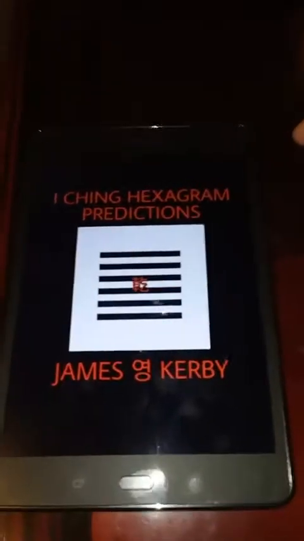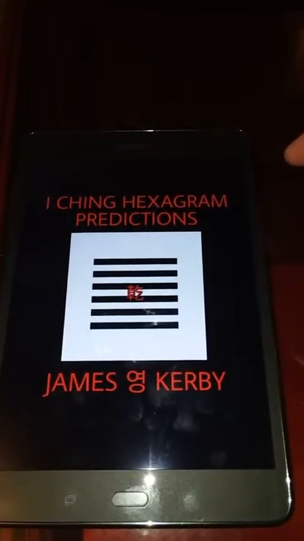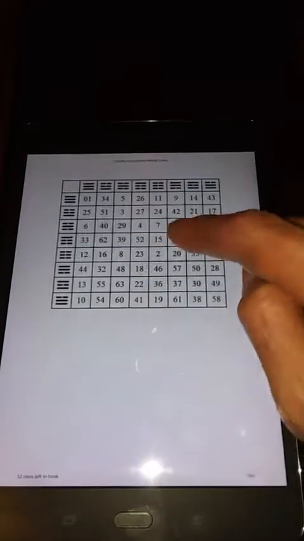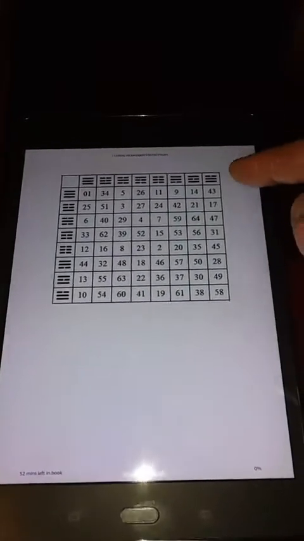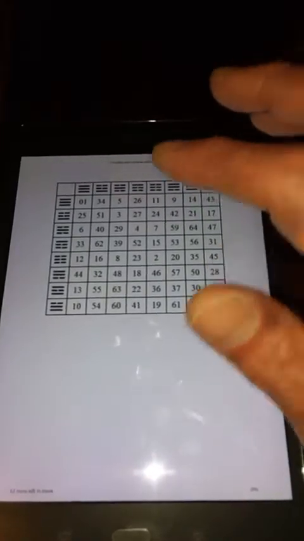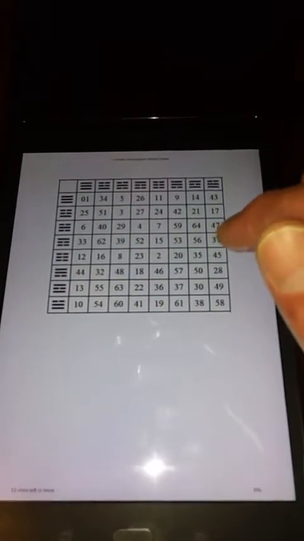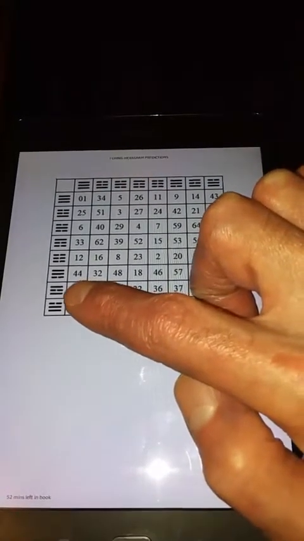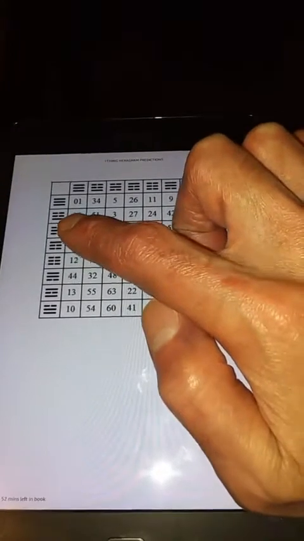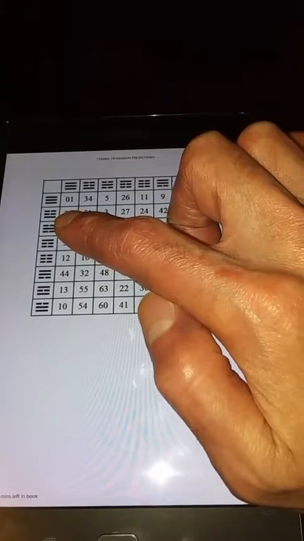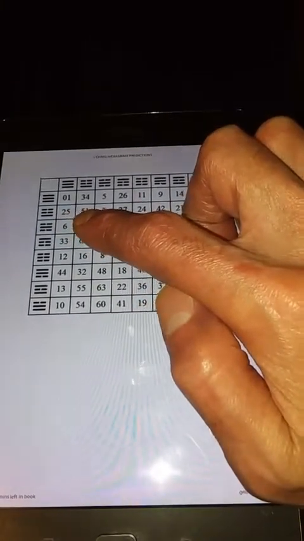So if we go into this book right here, this is a book I have written. The thing is, you have to know how to read this chart. If you do not know how to read this chart, I'll explain it to you. You want to begin with your bottom row. So if we look up here, this is the bottom row of our first hexagram. All right.